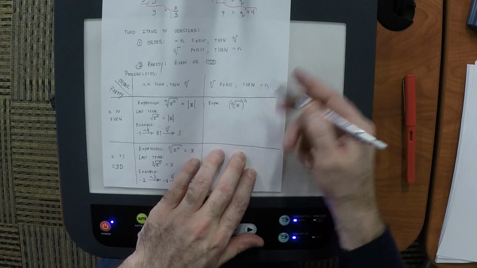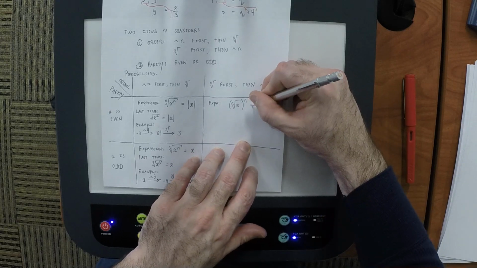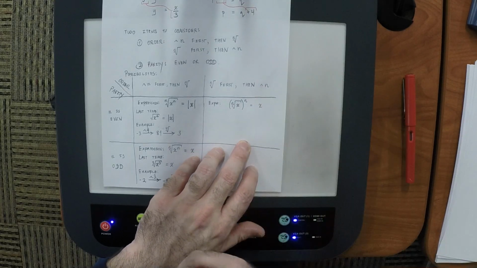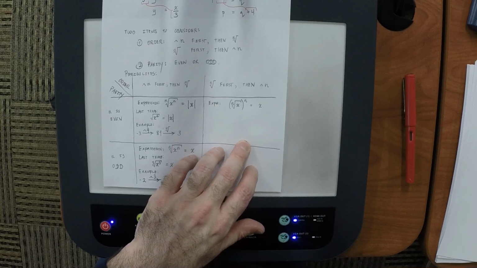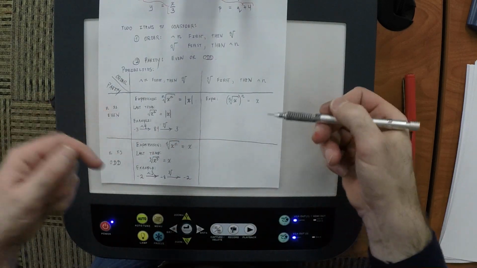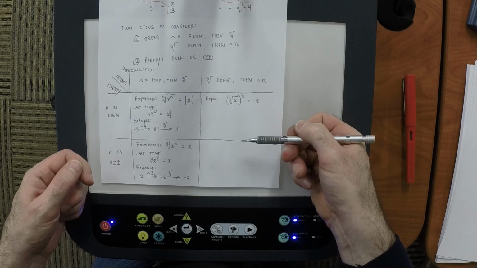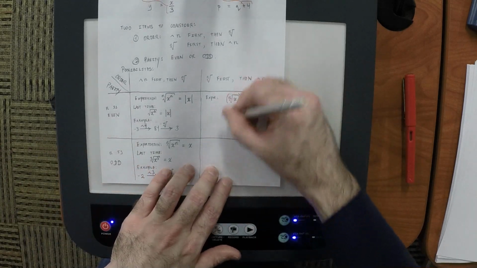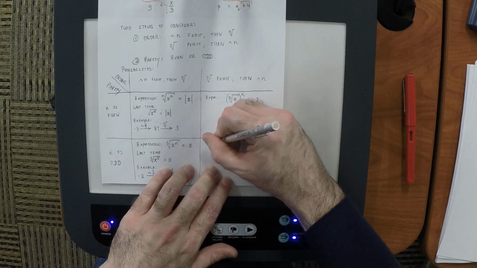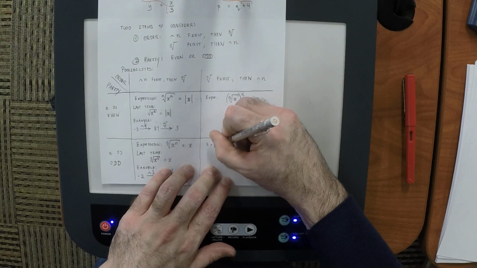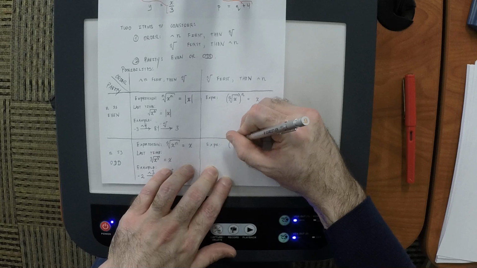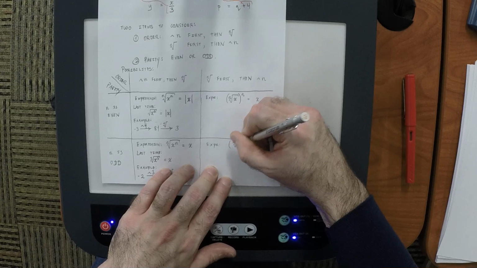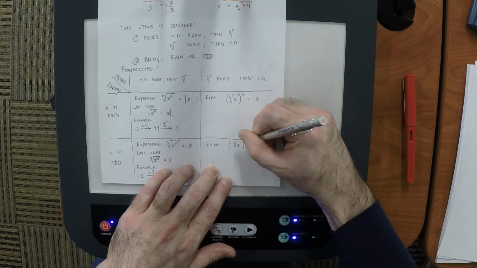So what about this? Does this simplify? It does, even though this one is even. It's still going to simplify. Here the expression is nth root of x to the n.